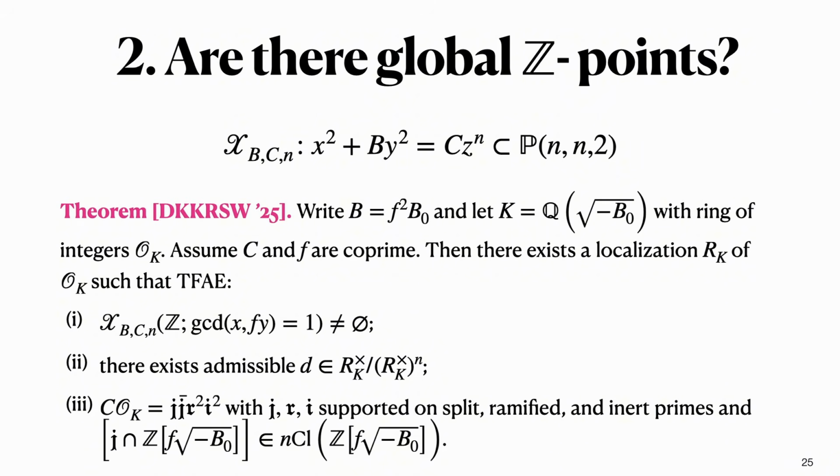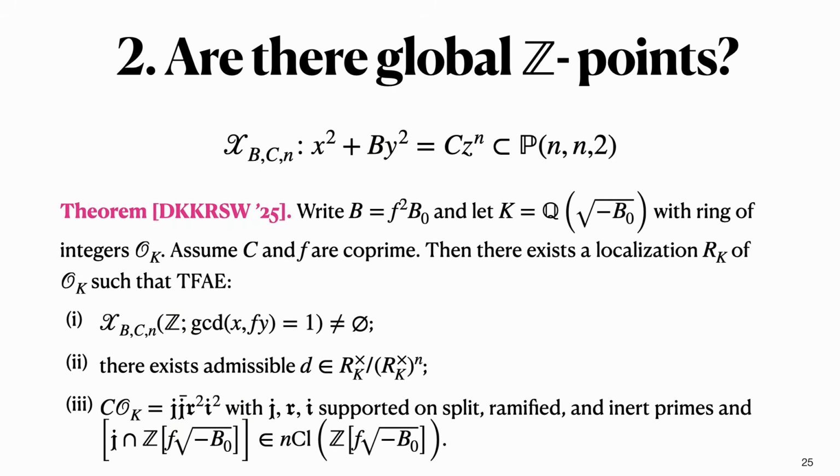And then the other condition is that your ideal generated by C in OK factors in a really nice way. So it factors as the product of prime ideals supported at split, ramified, and inert primes, respectively. And then, moreover, we have a condition on the ideal supported at the split primes.